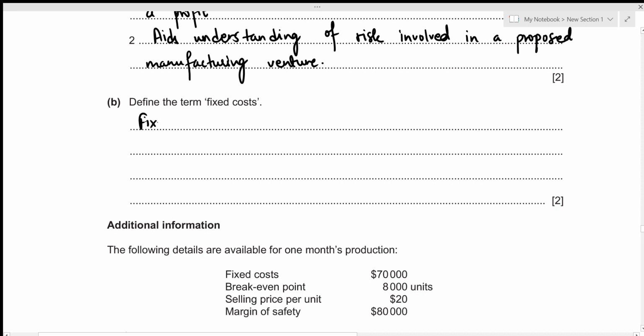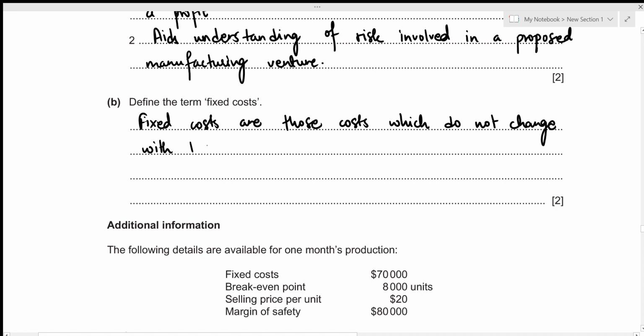Fixed costs are those costs which do not change with the change in level of outputs or units sold, which we can write down as sales. Now this concludes the second part of this question. We can move towards the third one.